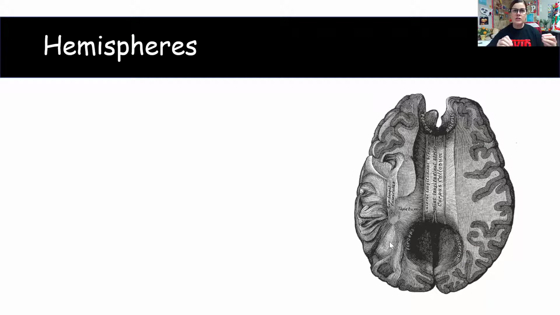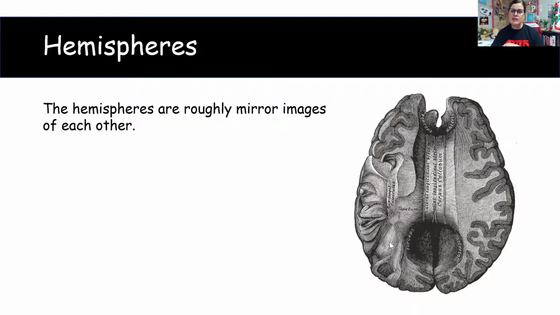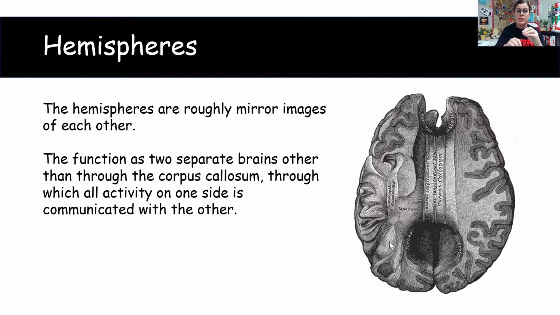As we talk about association areas, now we're going to look again at the hemispheres of the brain. This is kind of a cool picture here. The reality is they're very symmetrical. They're roughly mirror images of each other. They function as two separate brains, really, left and right brain.